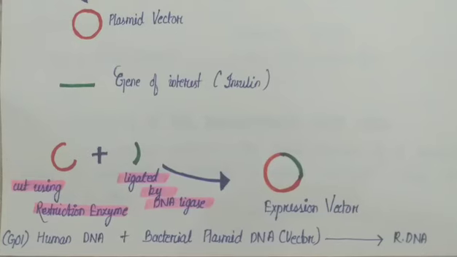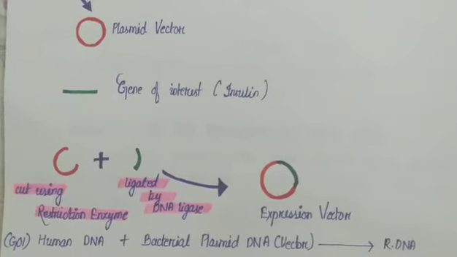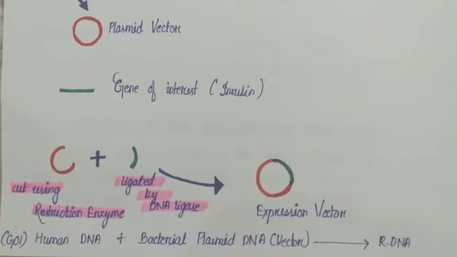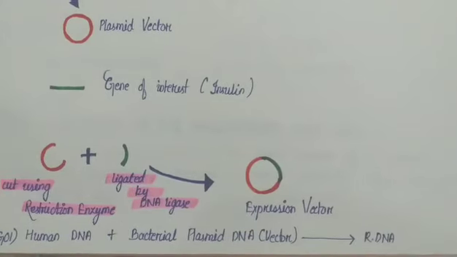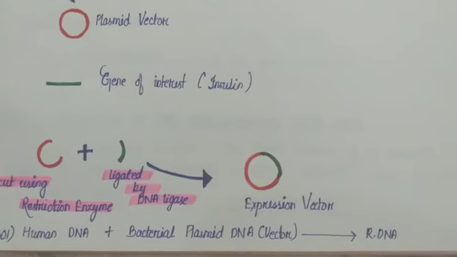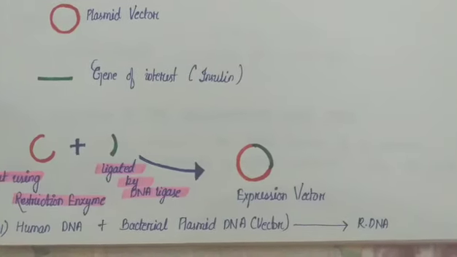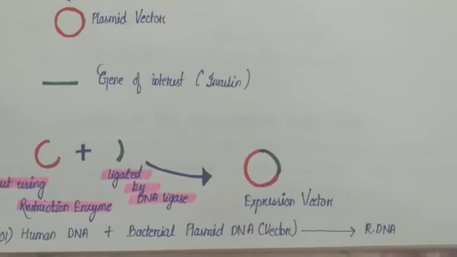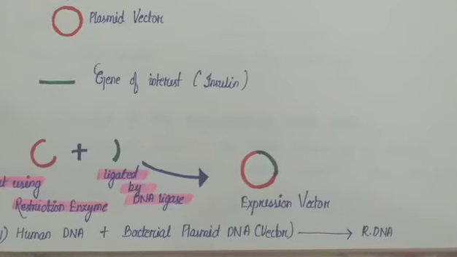It is called an expression vector because after joining of both the plasmid vector and the gene of interest, it is now able to express the characteristic of our gene of interest. As we know, in the later phase it will form mRNA and synthesize protein, and the protein that it will synthesize is the protein of our interest, the insulin protein, the insulin hormone.